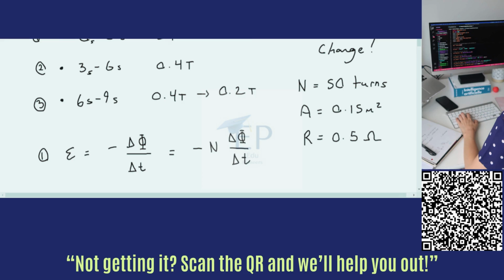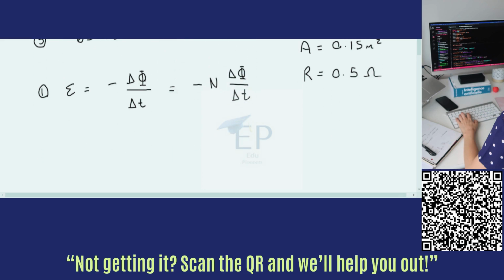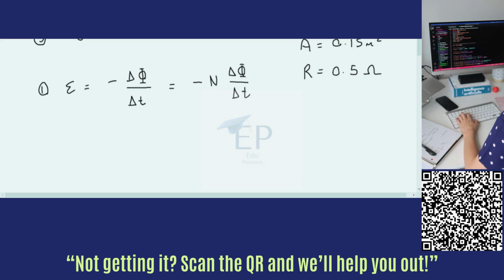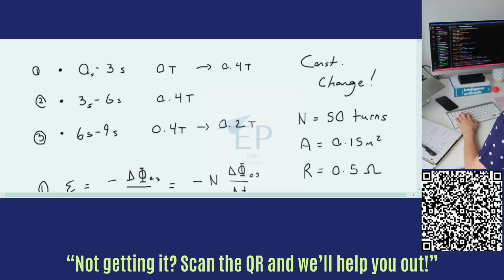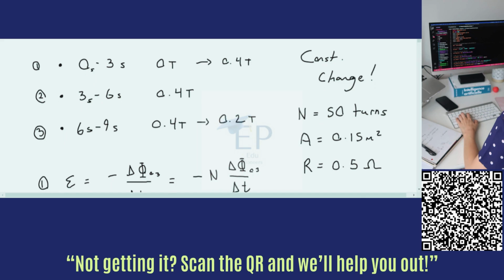So our change in flux from 0 to 3 seconds is going to be equal to the flux at 3 seconds minus the flux at 0 seconds. So the flux at 0 seconds is going to be 0 because we have a magnetic field of 0 teslas at that time.